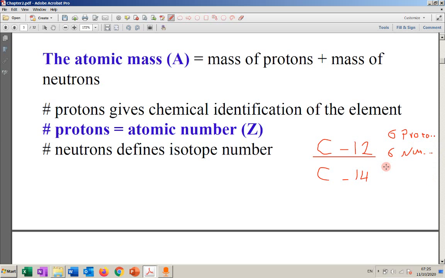However, in carbon 14 we have 6 protons, but we have 8 neutrons. Now we call them carbon isotopes, the two ways that carbon forms.